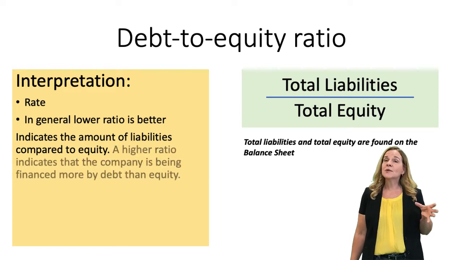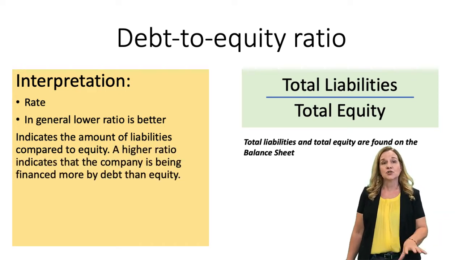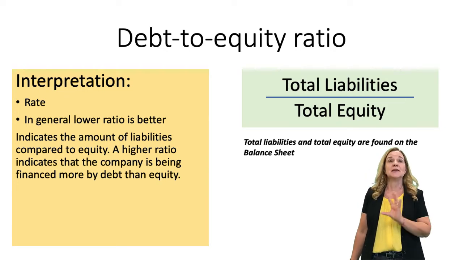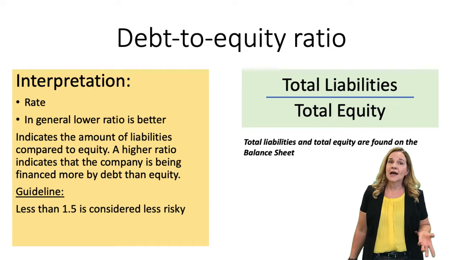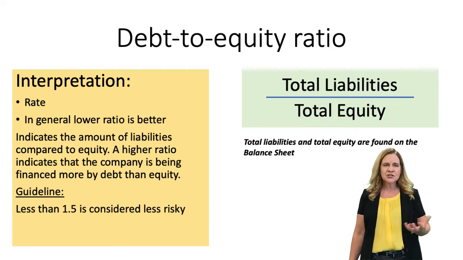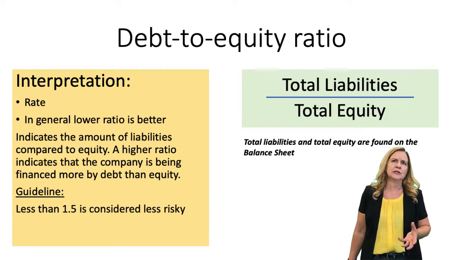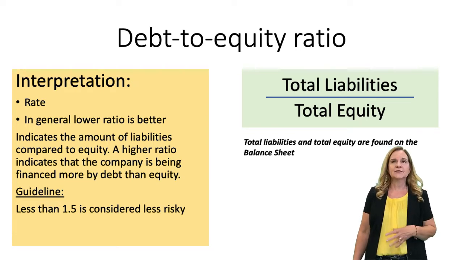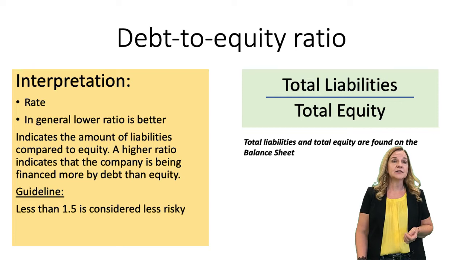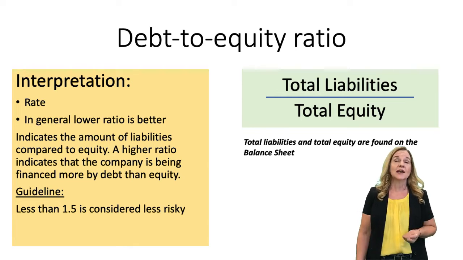If it is a high ratio, it's being financed more by debt than equity, than ownership in the company. And remember, debt has to be paid back. The general guideline is 1.5 or less is considered less risky. So you can imagine if you're evaluating this company and you come up with a rate of 3, you know that it's being financed more by debt than equity, which equity does not have to be paid back.